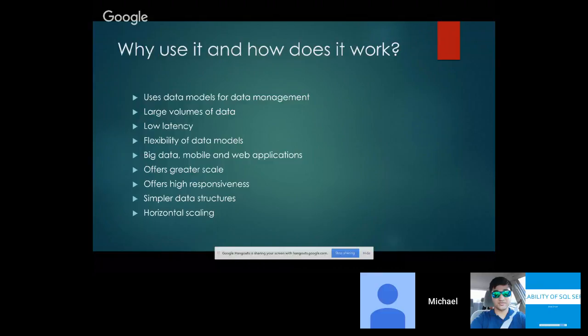It also offers greater scale and high responsiveness, as well as simpler data structures as opposed to the more complex ones within structured environments such as relational databases, where the more schemas you add, the more complex it becomes. And the added value is also horizontal scaling within NoSQL.